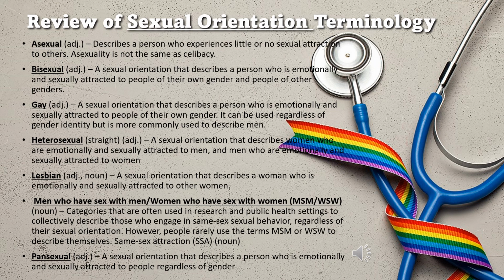However, people rarely use the terms MSM or WSW to describe themselves for same-sex attractions. So a lot of people sometimes may not identify as particularly gay or straight for fear of social stigmatization.